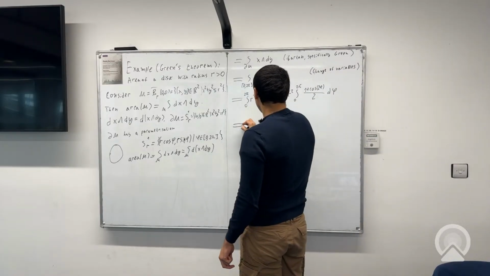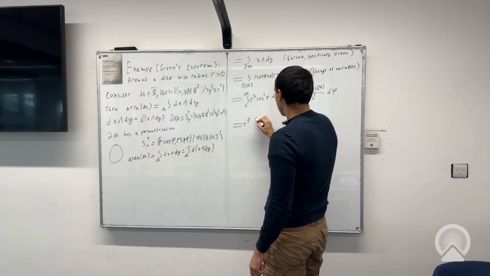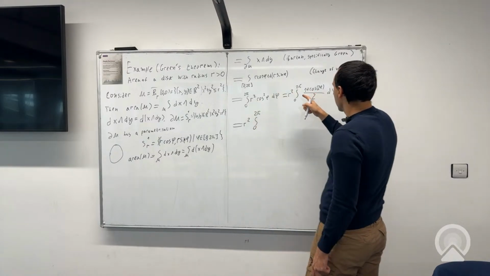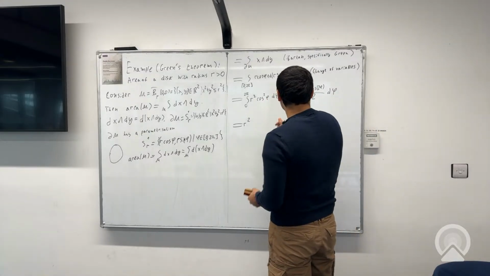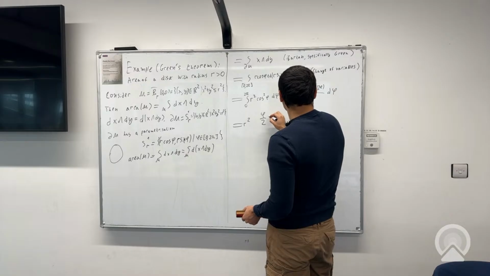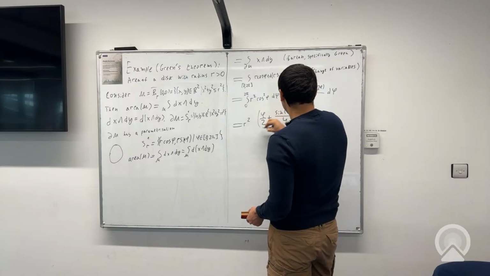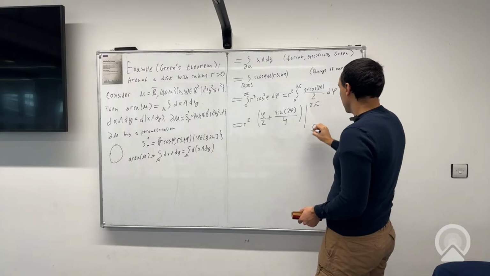And now we are using Newton-Leibniz. So this is r squared, and I am explaining, I have phi over 2 plus sine of 2 phi over 4, evaluated between 2 pi and 0.